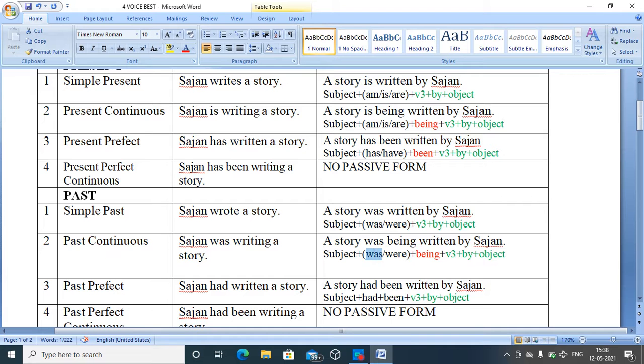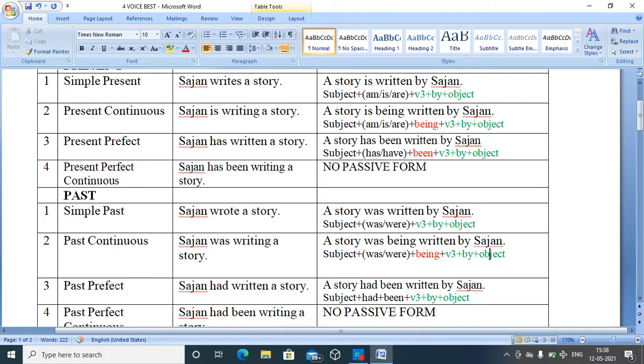If it is stories, as usual, you can take were. Thus: was, being, V3 plus by plus object. V3 means written. When you see wrote or writing, you identify the basic verb to be write, then write, wrote, written. So you take written plus by plus object, Sajan. This is all. That also is over.